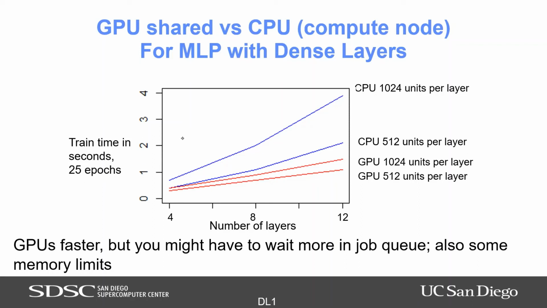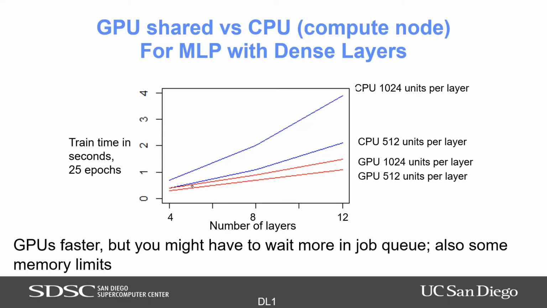So for this problem, the GPU is a lot faster, but it doesn't make such a big difference because the CPU is still pretty fast. It only made a big difference if I started running a lot of different hyperparameter searches. The individual jobs are pretty fast even on a CPU.